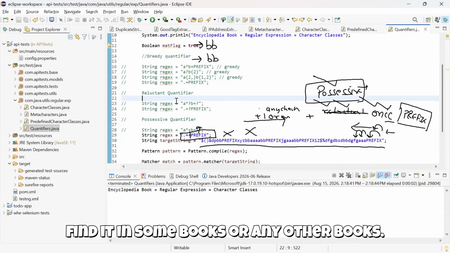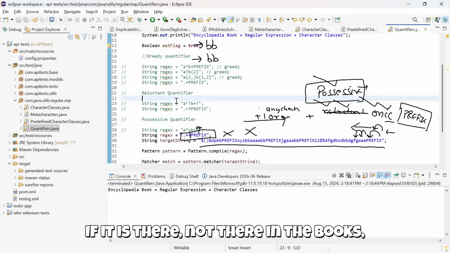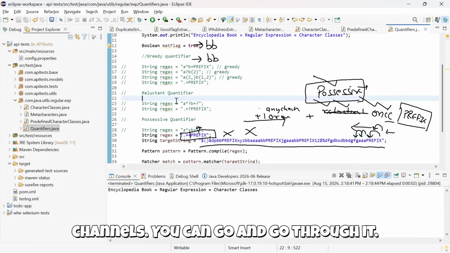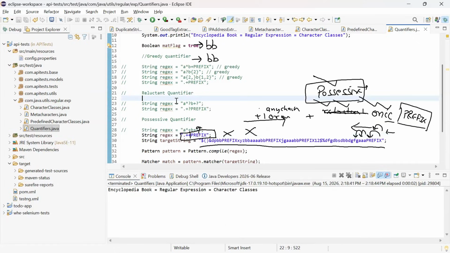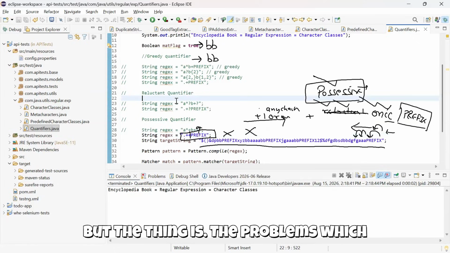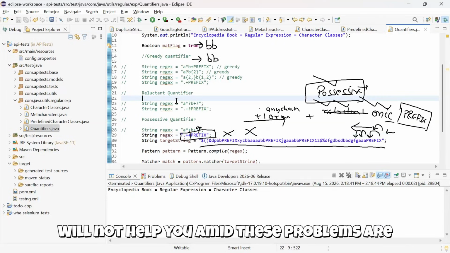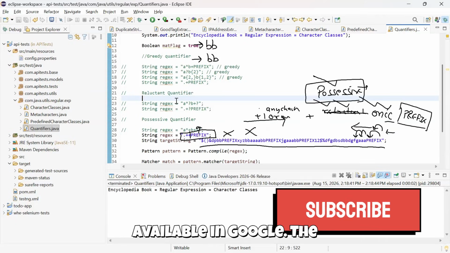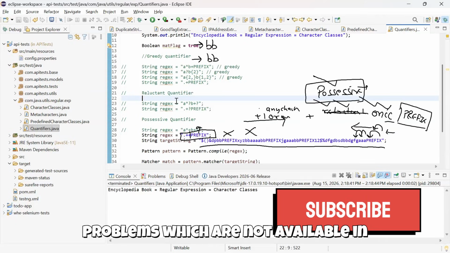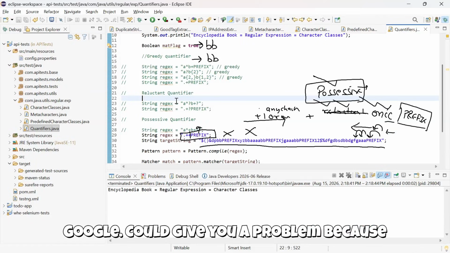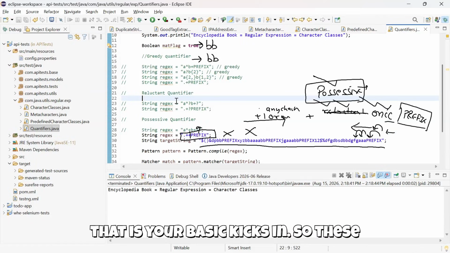If it is not in the books, on YouTube there are thousands of channels you can go through. But the problems which are not available in Google could give you trouble, because that is your basic fixing.